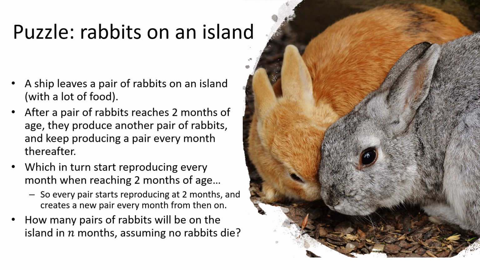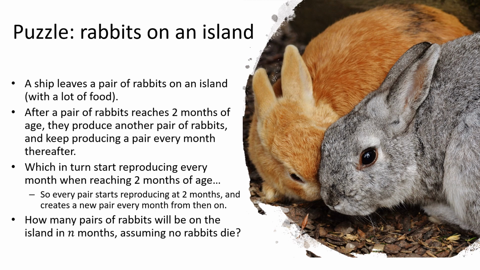And after that pair of rabbits reaches 2 months of age, they produce another pair of rabbits. And after that, they keep producing a pair every month. The rabbits that were born after 2 months produce a pair of rabbits themselves, and like their parents, they keep producing a pair of rabbits every month thereafter.